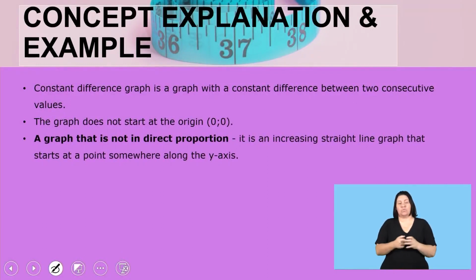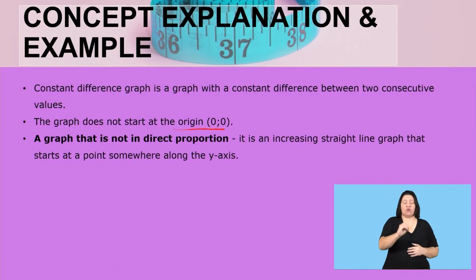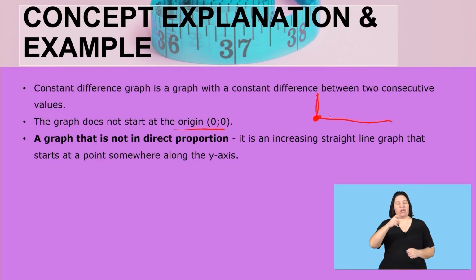And the next one is that it does not start at the origin. It does not start at the point on the graph where you have 0 and 0. This is the point which we call the origin on the graph. It does not start here. It starts somewhere on the y-axis, or the vertical axis.